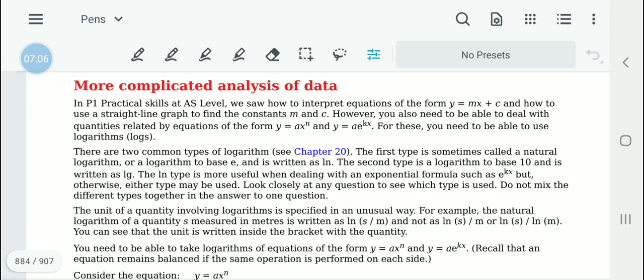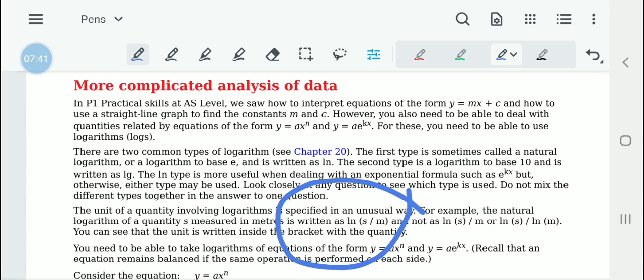Now, when you take a quantity involving logarithms, we have to express it in a certain way. For example, if quantity s is measured in meters, that displacement is measured in meters, but if you take the natural logarithm of that, it will be written as ln(s/m), right?